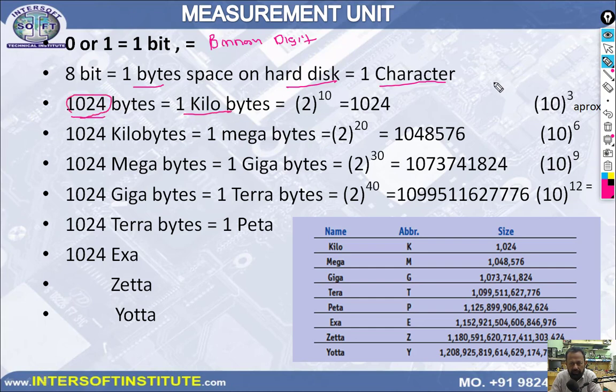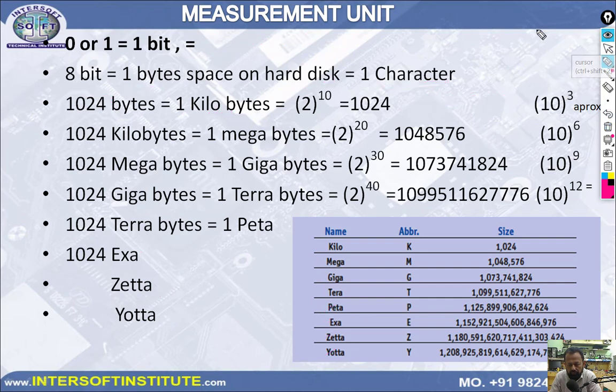Because it is calculated as 2 multiplied by itself ten times, so it comes to 1024. 1024 kilobytes is equal to 1 megabyte, which is 2 raised to the power 20, 1048576. Approximately, then tera, peta, exa, zetta, yotta, these types of storage units exist. You can check here. So this is your measurement unit.